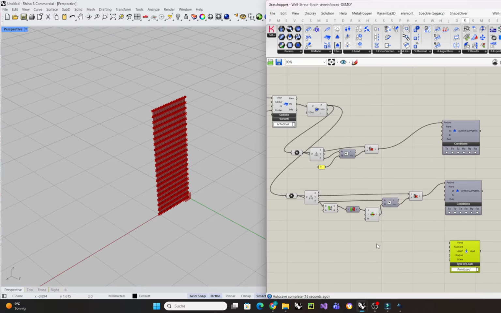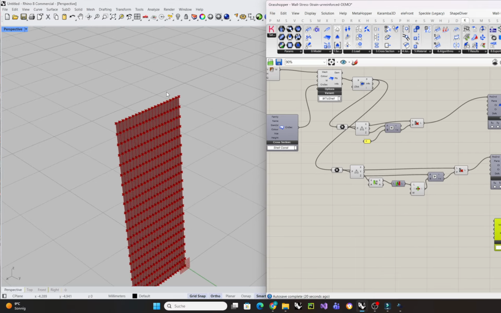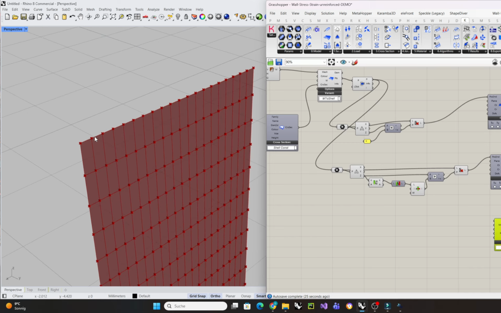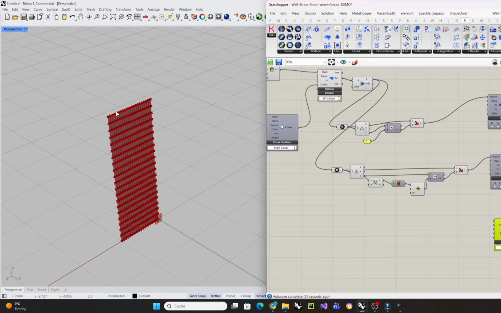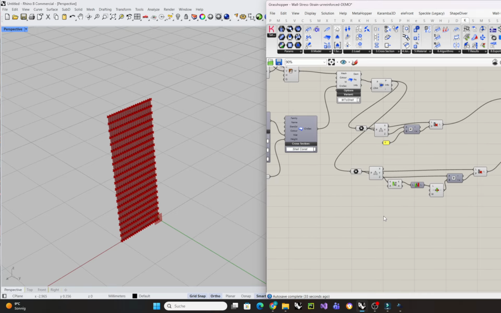Let's take a look at the load. Okay, I want the load to be distributed in each of the nodes on the top of the wall. So let's first define the direction.